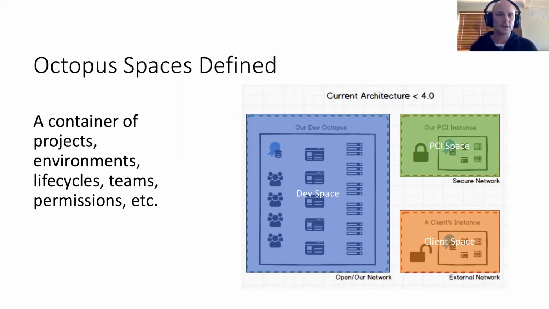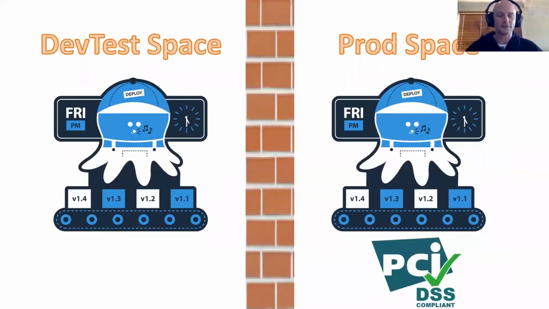Now, the trick is when you've got this kind of environment set up in Octopus 3 or 2 prior to this feature we're building, there would be complete isolation between the two, and they really don't talk to each other apart from some kind of either manual or automated process you configure for yourself, either leveraging our tools or something you built on your own.